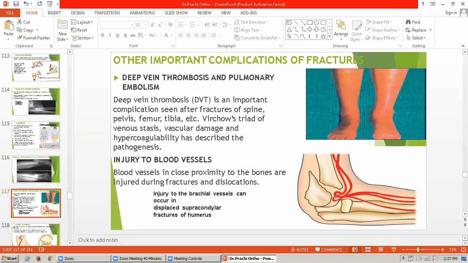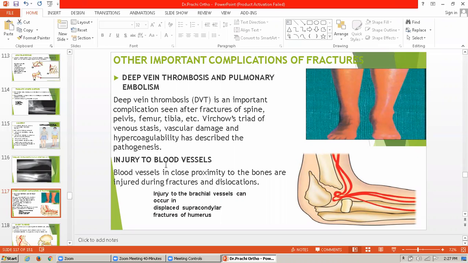Deep vein thrombosis, that is DVT, is an important complication seen after a fracture of the spine, pelvis, femur, tibia, etc. Virchow's triad of venous stasis, vascular damage, and hypercoagulability has been described in the pathogenesis. So DVT is an important complication seen after spine, pelvis, femur and tibia fracture.